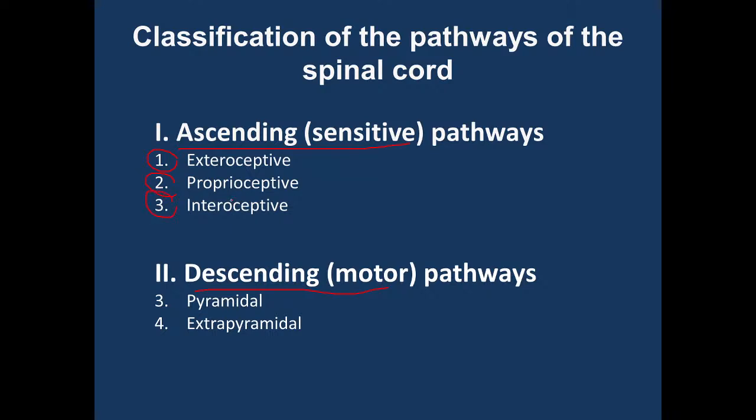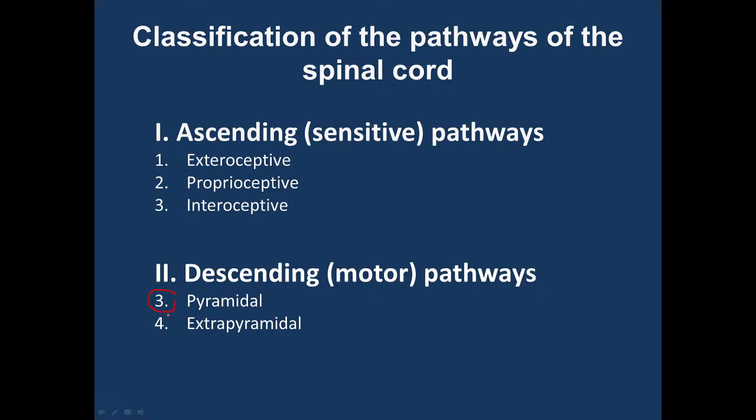It means the sensitivity from the skin, usually temperature, tactile, and pain. Proprioceptive is the sensation from the muscles, ligaments and tendons. Interoceptive is the sensation from the inner organs.